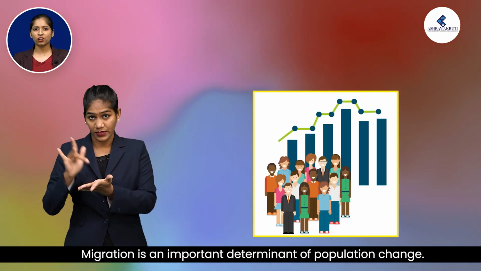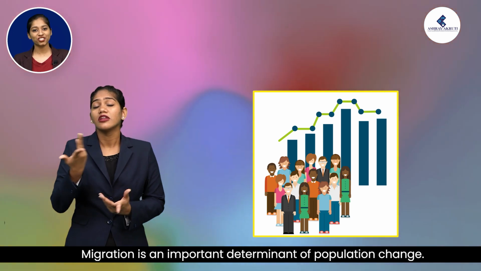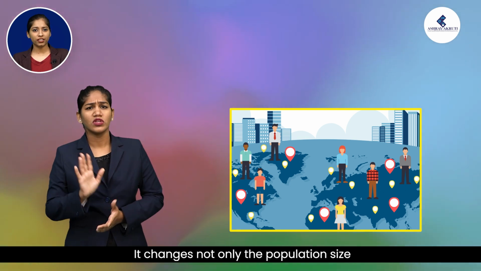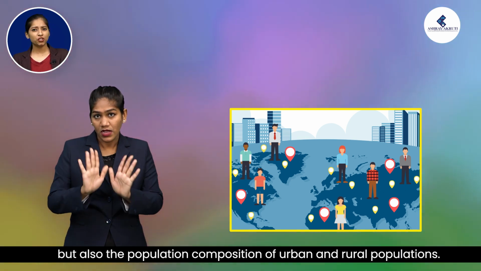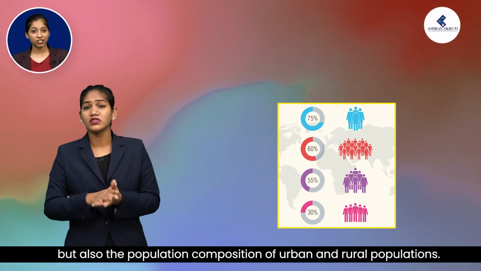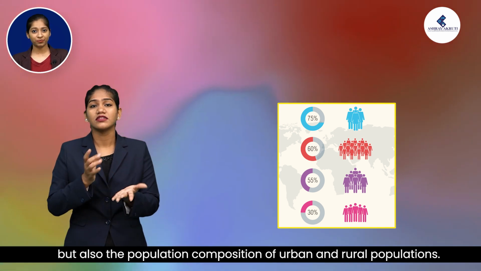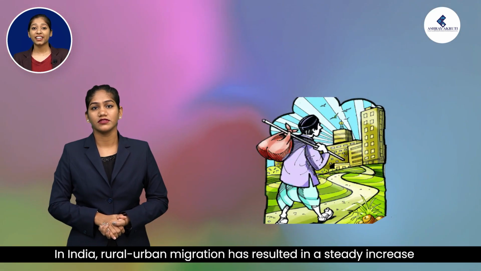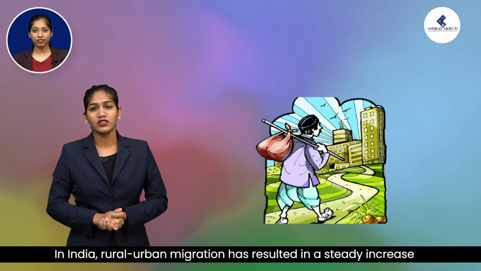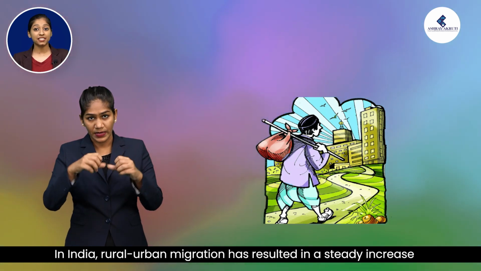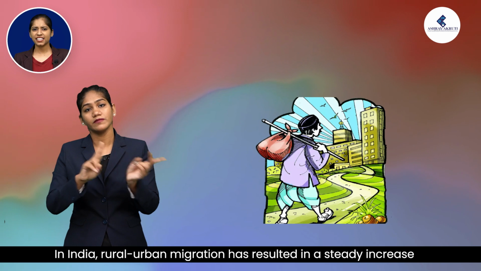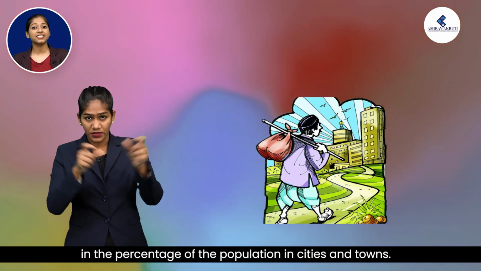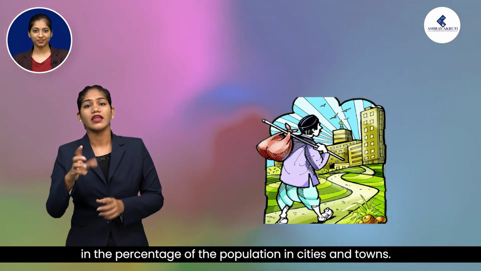Migration is an important determinant of population change. It changes not only the population size, but also the population composition of urban and rural populations. In India, rural-urban migration has resulted in a steady increase in the percentage of the population in cities and towns.